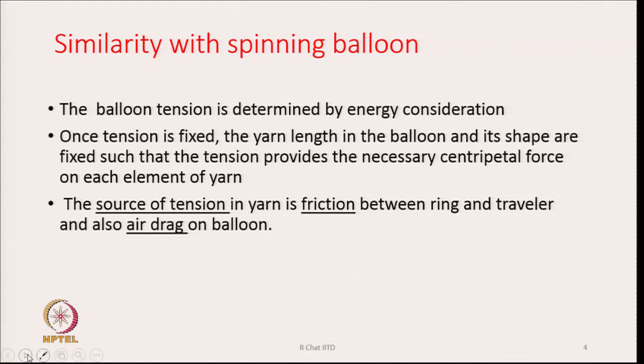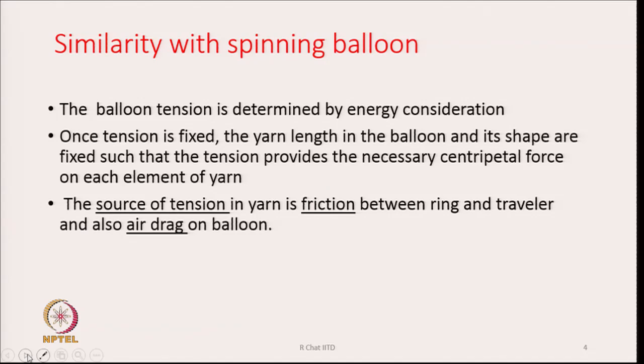The source of tension is the friction between ring and traveller and also the air drag on the balloon. So, these two are the sources of tension in the yarn, because the yarn has to pull the traveller around the ring and there is enough friction between ring and traveller.